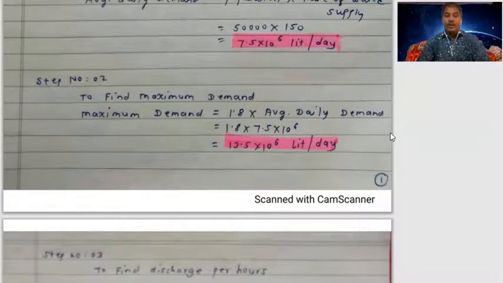Previously, we calculated average daily demand as 7.5 into 10 to the 6 liters per day. Hence, maximum demand is 1.8 into 7.5 into 10 to the 6. It is equal to 13.5 into 10 to the 6 liters per day.